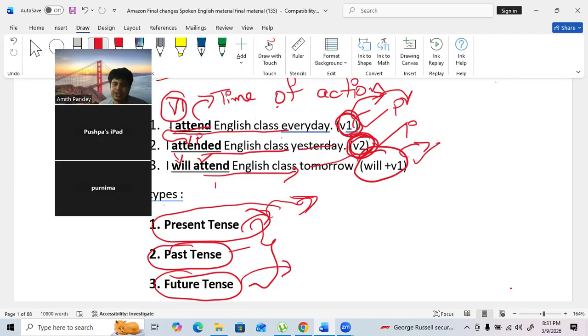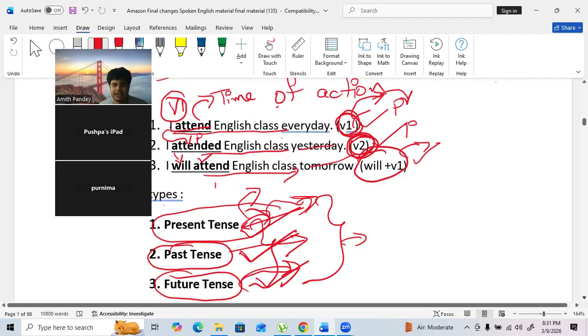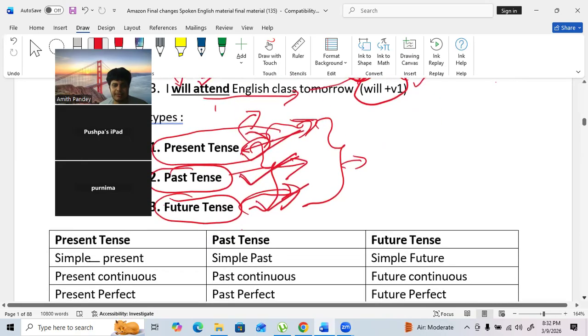Engineers don't regret about the past, they don't worry about the future, and hardly think about the present. Except these three situations, is there any situation about which we think? The answer is obviously no. As our necessity gets fulfilled with only these three, it is divided into only these three tenses: present, past, and future.